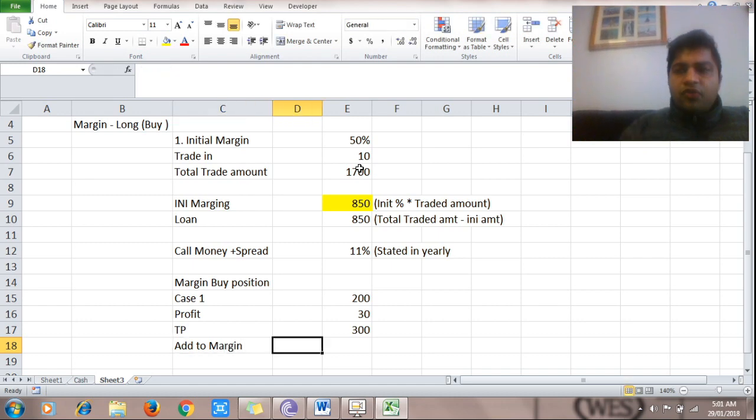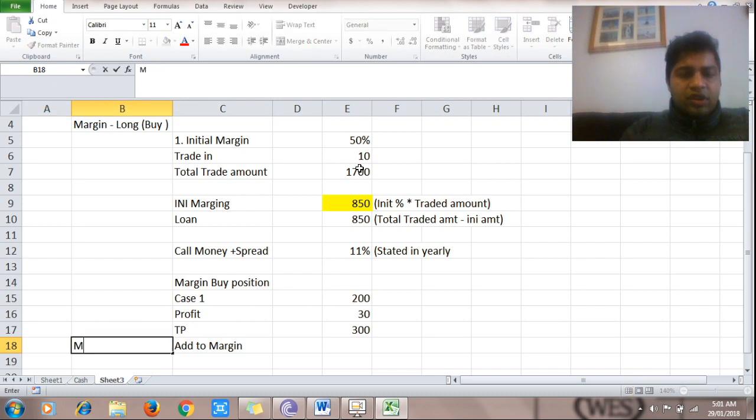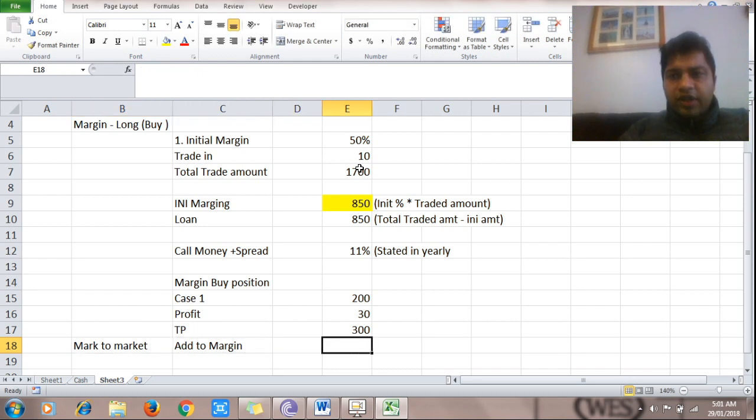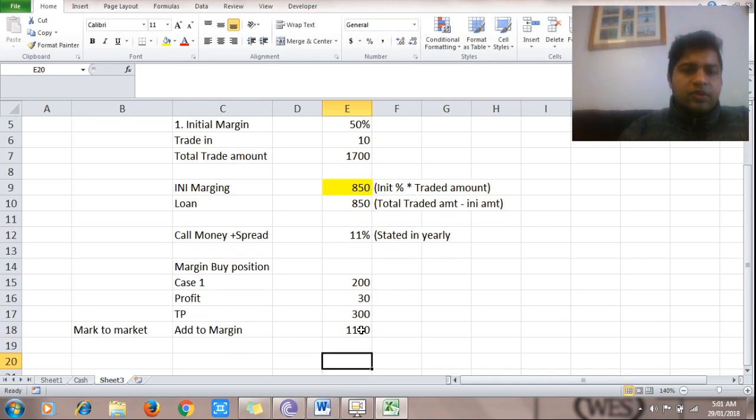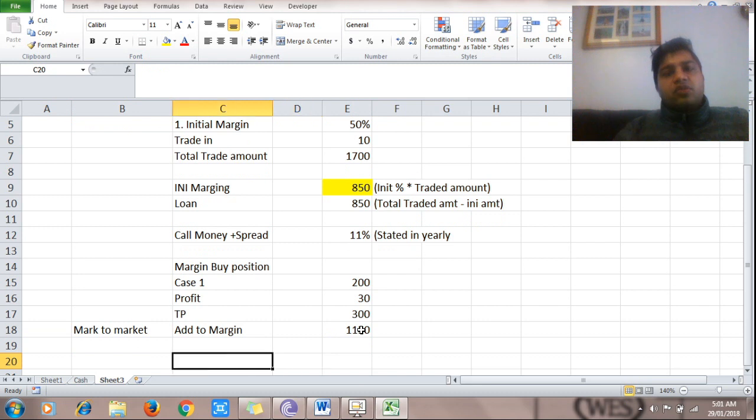So profit and loss are adjusted from margin amount, and this concept is called mark to market. So your margin amount will show $850 that you have put in plus $300 of profit. So your margin amount will show 1150.